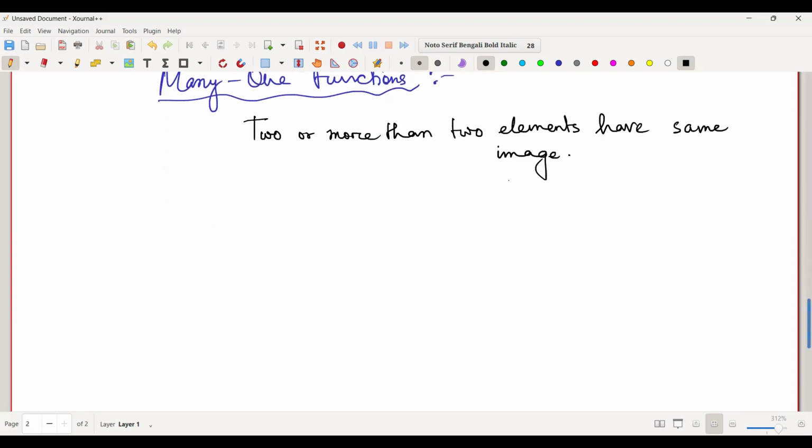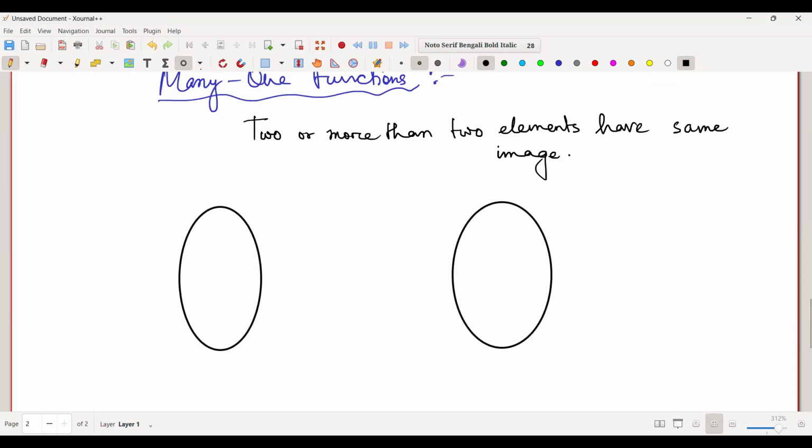That means what? It is like this. Suppose this is a set. This is a set. Okay, so these are the elements. Here also we have to draw.